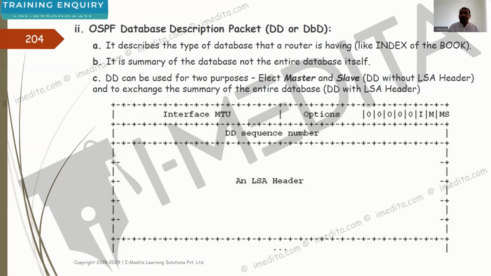So initial DBD packets will be exchanged between routers, and the initial DBD packet does not contain any LSA header. Those are mainly used by OSPF to elect master and slave.